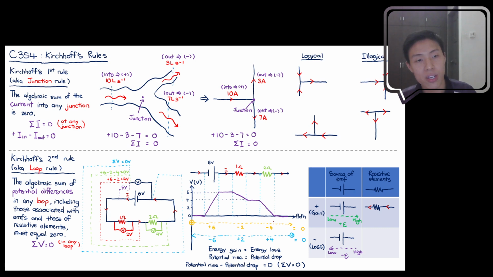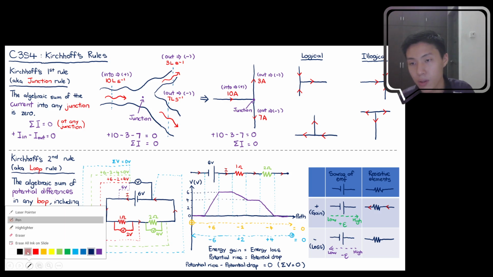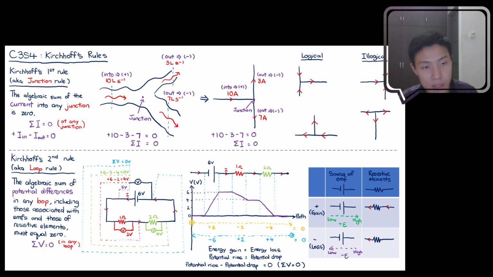Let me draw it first. If our current is flowing to the left, now if you are analyzing it from left to right, that's an abnormal way of looking at it, right? Because we are looking at it opposite the direction of current flow.